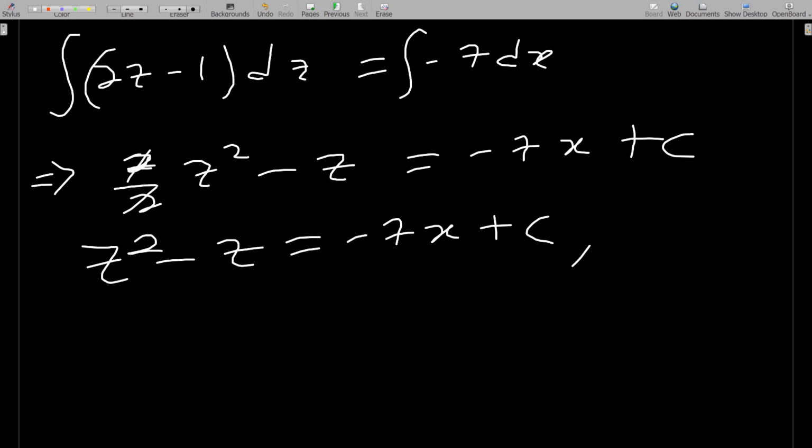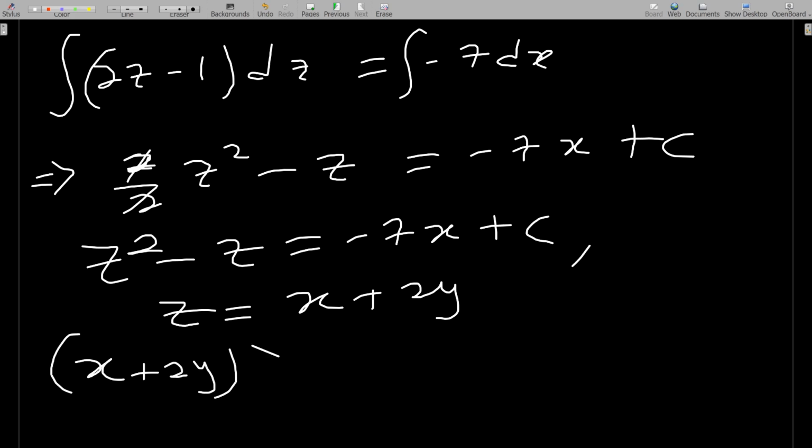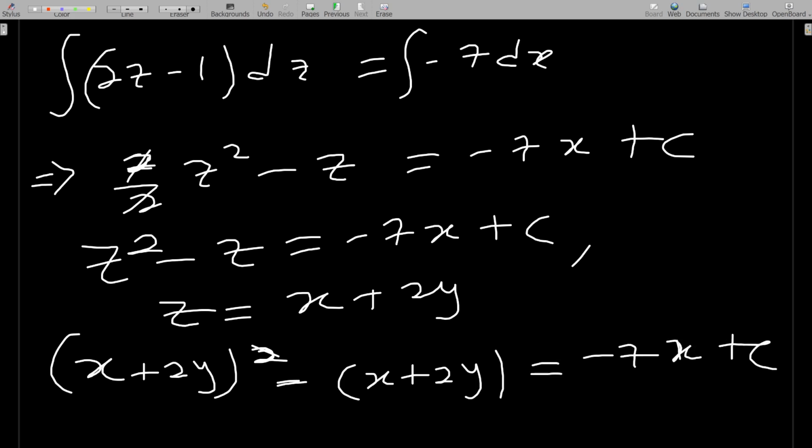Now we know that the transformation we used was z equals a1x plus b1y, and that was x plus 2y. So you put it here, and you have (x plus 2y) squared minus (x plus 2y) is equal to minus 7x plus c, and this is our solution.